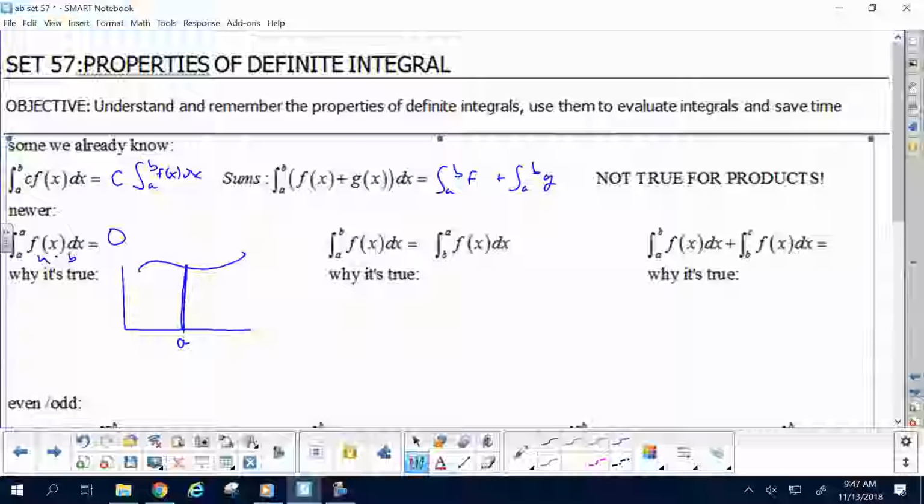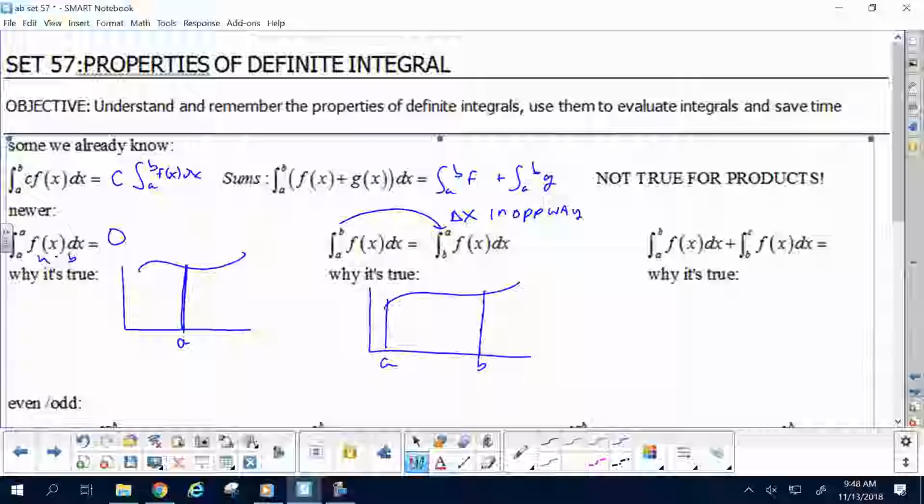All right, this is super duper useful. If you have an integral and you switch the limits of integration, now let's assume originally that A was less than B. If you switch the limits of integration, you're changing x in the opposite way.